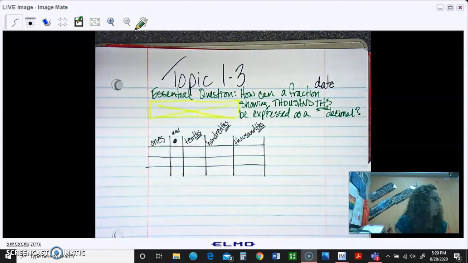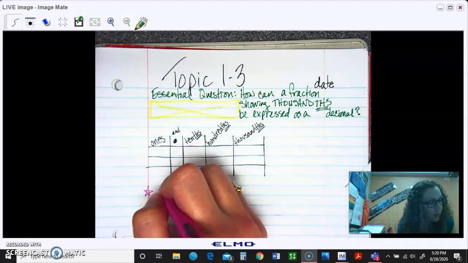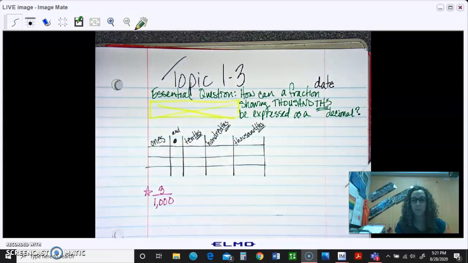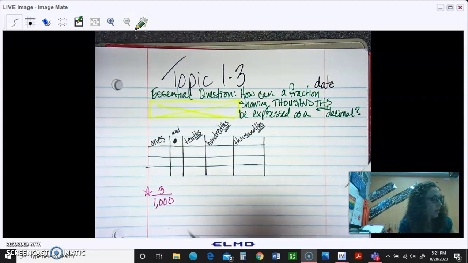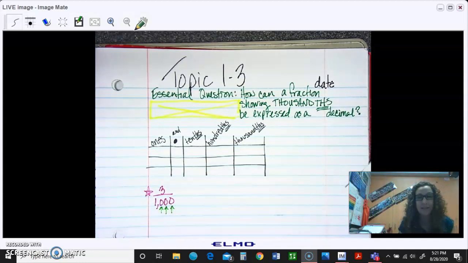So if we have a fraction, here's our first example, a fraction of 3/1000ths. Well, please note that there are 3 zeros in that number.